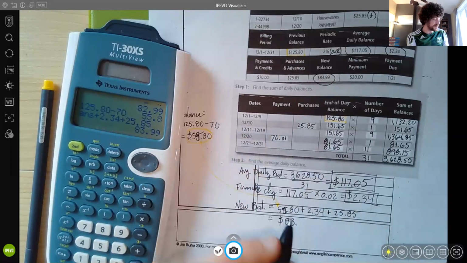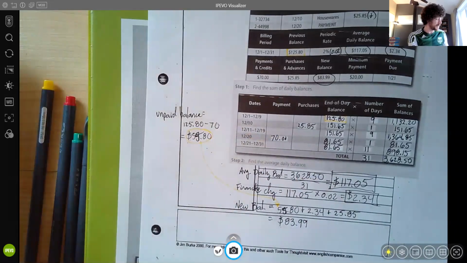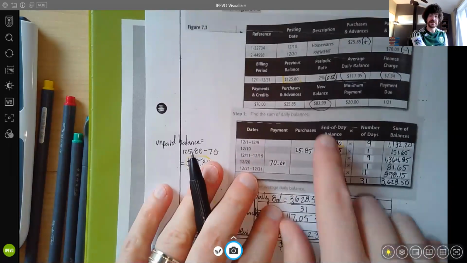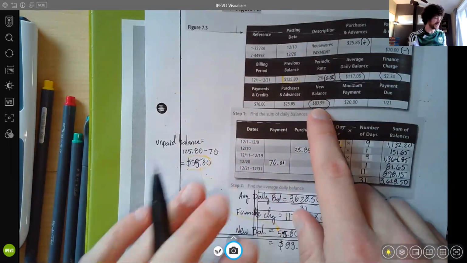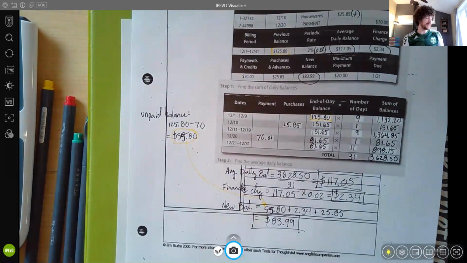I mistyped. I wrote in minus 71 instead of 70. So there we go. And again, you can see the new balance is here. Just double checking that I was getting the right number. There we go, 83.99, new balance. Everything matches.